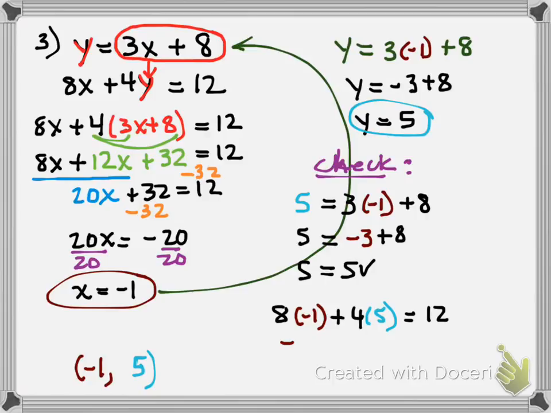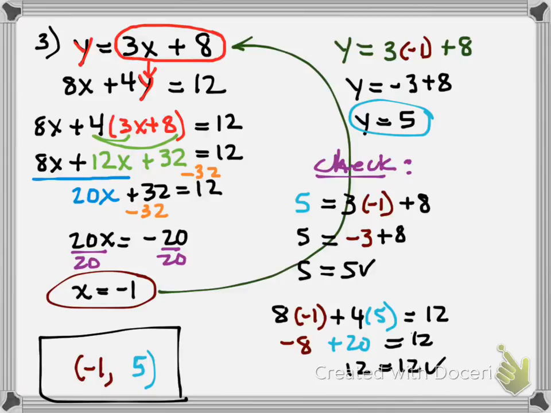So we get negative 8 plus 20, and that equals 12. And see, negative 8 plus 20, the signs are different, bigger number is positive. When I subtract, I get 12 equals 12. So that says that it satisfies. So what I've just done is prove that my answer is negative 1, 5.